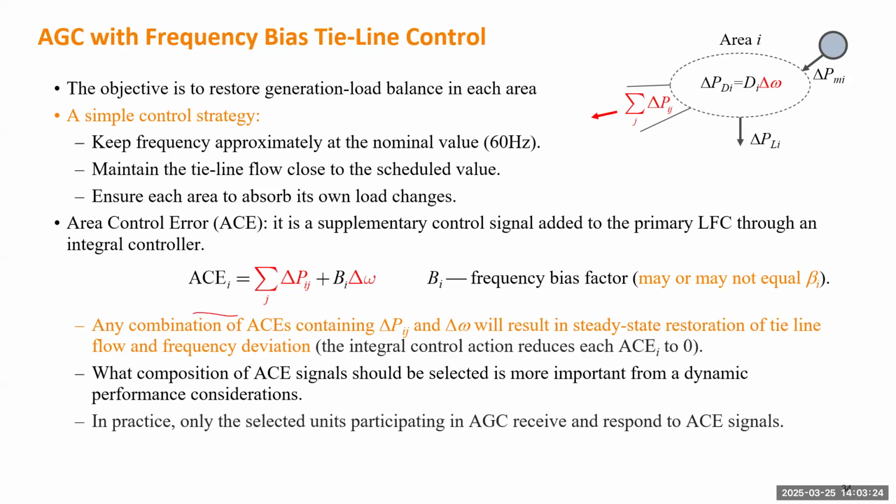Because of the feedback control, if the frequency deviation is negative, it needs to increase the generation. It will keep increasing, through the control loop from the previous slides. So eventually that unit will increase its generation.